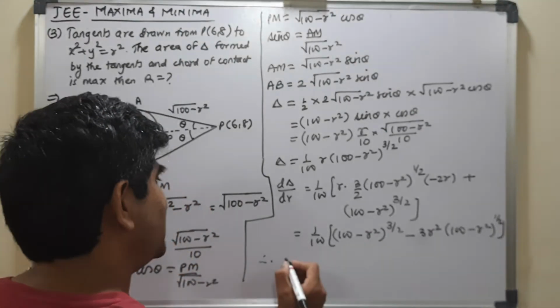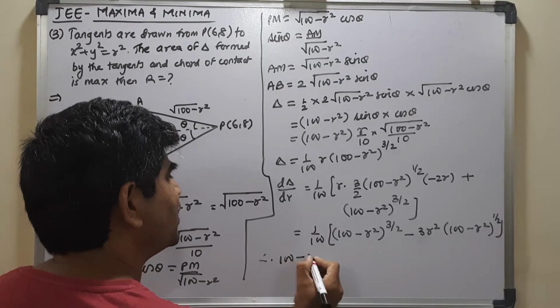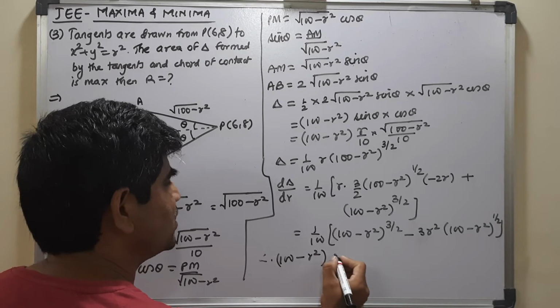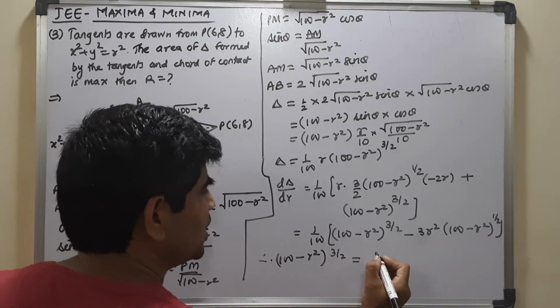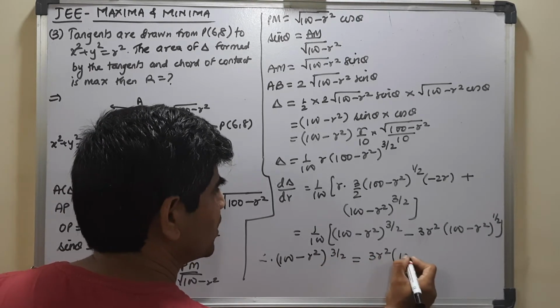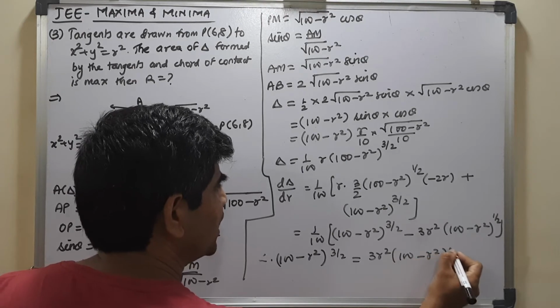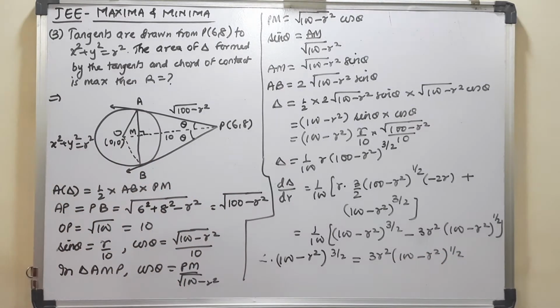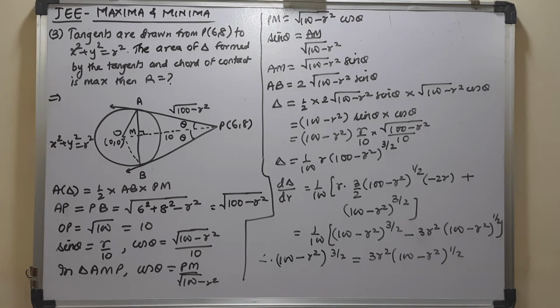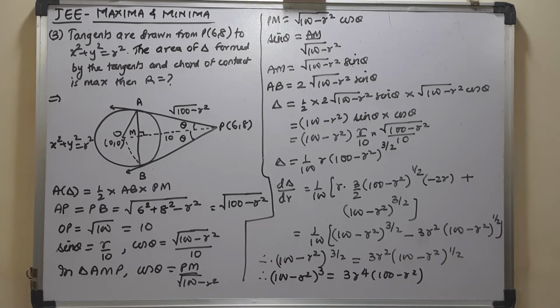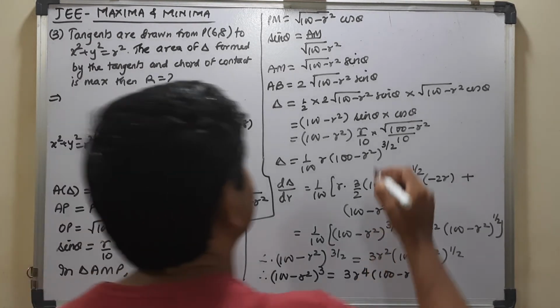So you get 100 minus r square raised to 3 by 2 is equal to 3r square into the square root of 100 minus r square. On solving, squaring it, we get 100 minus r square of the whole cube is equal to 3r square into 100 minus r square. Try to write it over here.